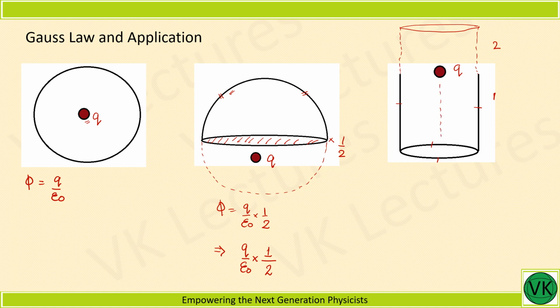This distance has to be the same from here to here. Okay, so total flux will be equal to q by epsilon times 1 out of the two parts that we have seen. There are two parts to this, from here and upward and below, so 1 by 2. So again phi is equal to q by 2 epsilon naught.